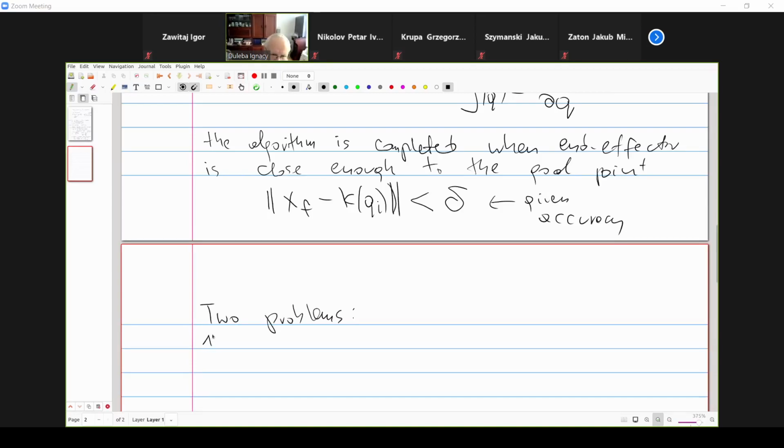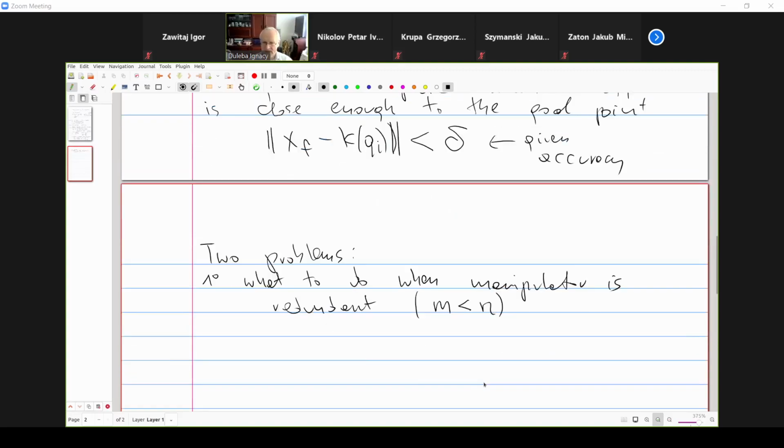The first one is what to do when the manipulator is redundant. So in this case, the dimensionality of the configuration space is larger than the dimensionality of the task space.